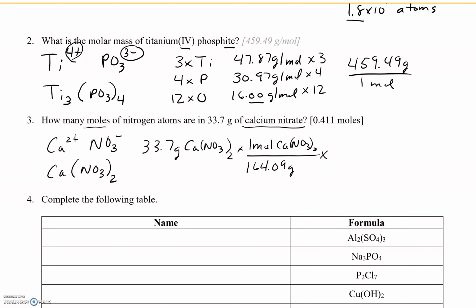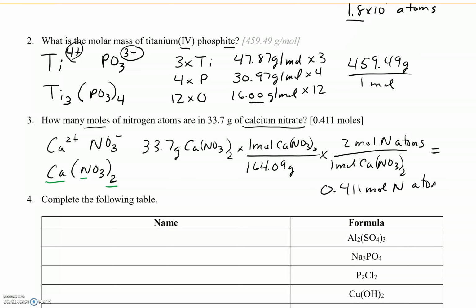For every single calcium nitrate substance we will have 1 calcium ion and 2 nitrate ions. Since there's 1 nitrogen in every nitrate ion, we know that there's a ratio for every 1 mole of calcium nitrate. There will be 2 moles of nitrogen atoms. This calculation gives us the answer of 0.411 moles of nitrogen atoms.